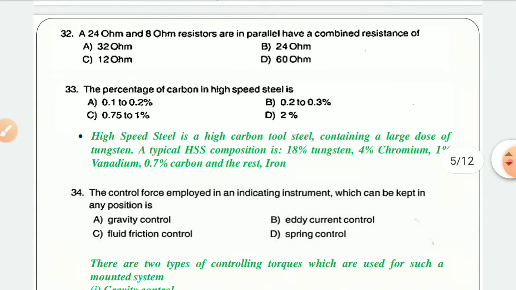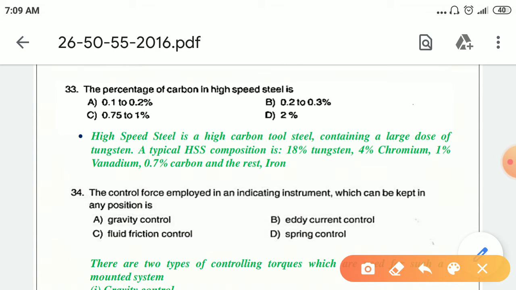The percentage of carbon in high-speed steel is. So the percentage of carbon in high-speed steel can be found from the answer written in green letters. High-speed steel is actually a high-carbon tool steel which is containing a large percentage of tungsten.